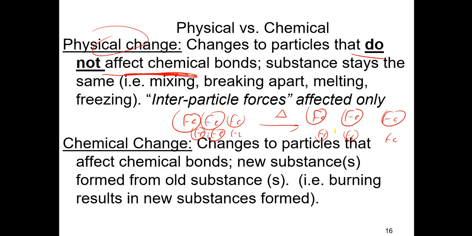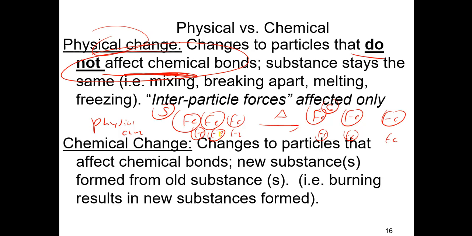Now, based on our earlier pictures where you see dashes formed or not formed, indicating chemical bonds, there are no chemical bonds that have been made or broken in this example. So I went from a solid to a gas, heating it up. But this is considered a physical change because there were no bonds made or broken.